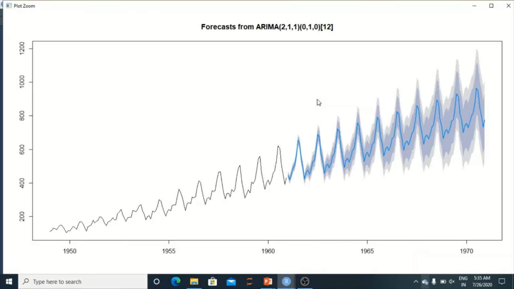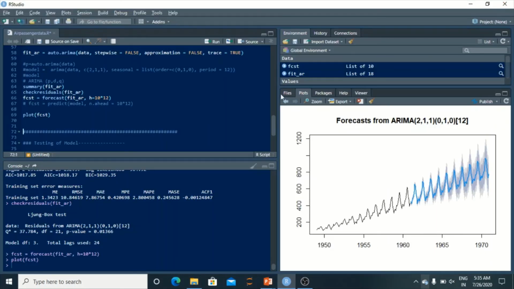Now we can observe that the forecasted values follow the same pattern and trend as the previous data set, and forecast the future values with great accuracy, because our model has identified the nature of the previous data set.